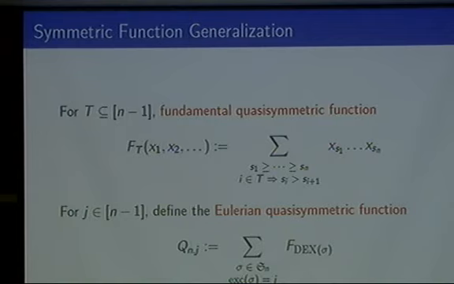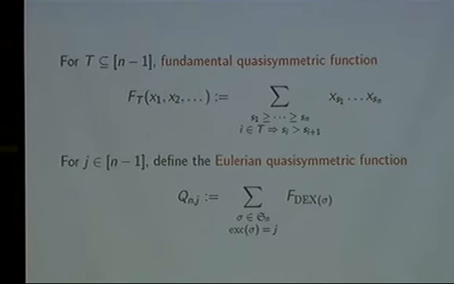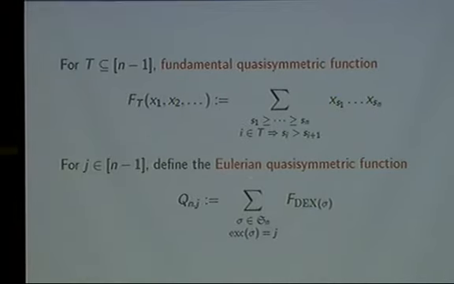So we define these, we call them now Eulerian quasi-symmetric functions, to be the sum of the fundamental quasi-symmetric functions. For each permutation, there's a fundamental quasi-symmetric function, and we sum over all permutations with j exceedances, and that's what we're calling Q_{n,j}, and we're calling those Eulerian quasi-symmetric functions.